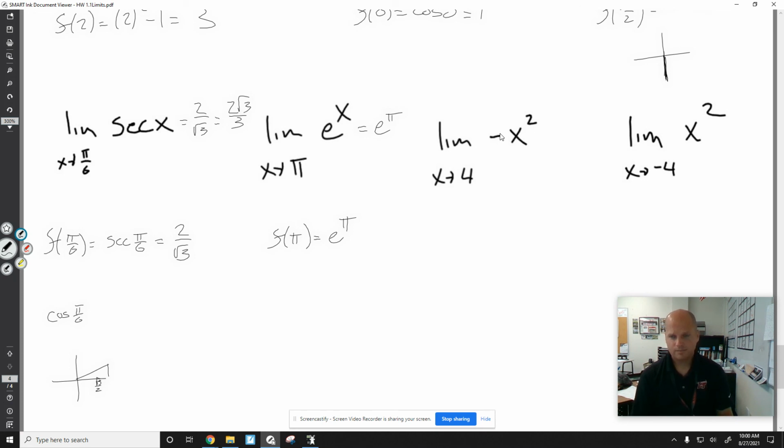I'm trying to trick you here, just so we know this and this are different. This is a good one. If I plugged in 4, order of operations would say, take that 4, square it first, then make it negative. The answer to this is negative 16. But you might be thinking, well, isn't a negative number squared positive?